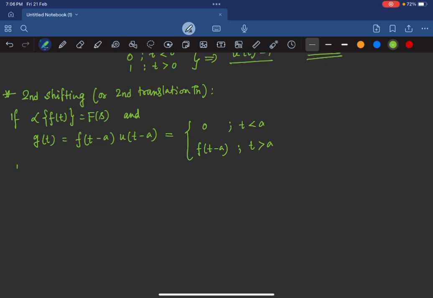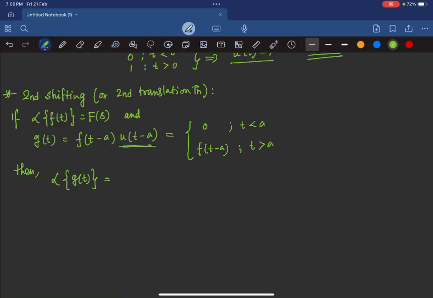Then the Laplace transform of g(t), where we applied the Heaviside unit step function, becomes the Laplace transform of f of t minus a multiplied with u(t minus a), which is equal to e power minus as F(s). Just note this down, it is a very vital formula.